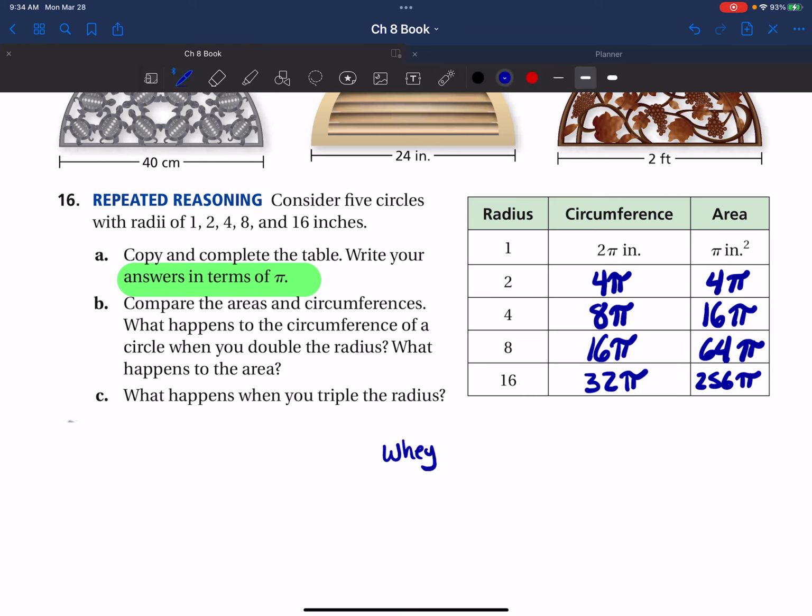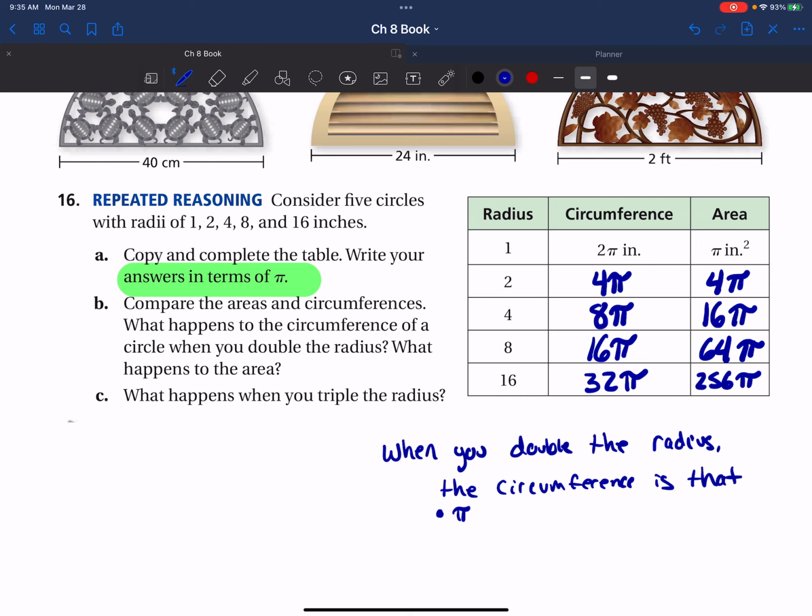when you double the radius, the circumference is that times pi.